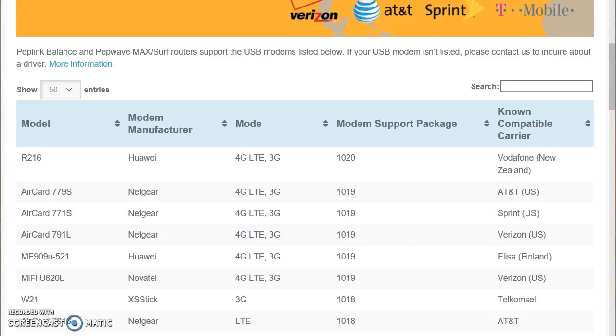What I really like about this device is it is compatible with all the major cellular providers, Verizon, AT&T, Sprint, T-Mobile, and it's compatible with numerous devices on these platforms, providing 4G and 3G connections into this device as a plug and play feature.